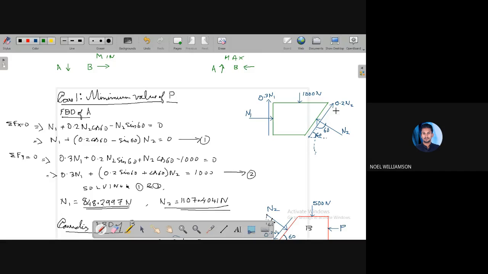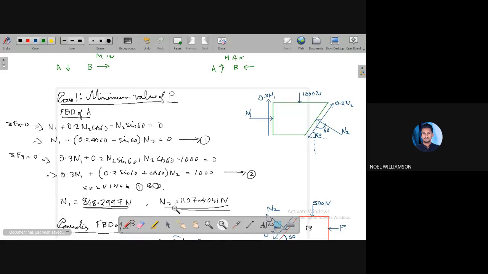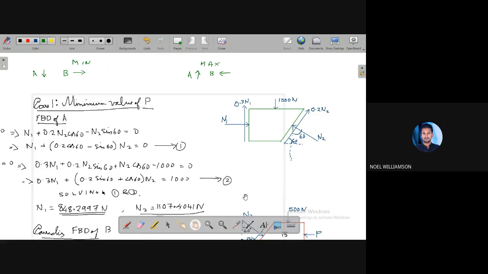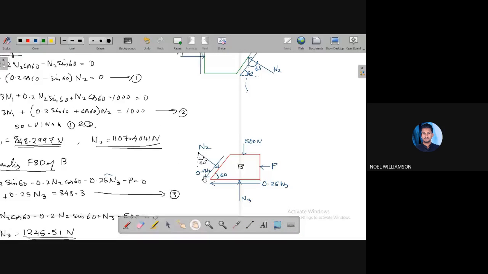And also here, 0.2 N2 will be acting towards the opposite direction in this case. B is moving towards the left, so the friction will be in the opposite direction.